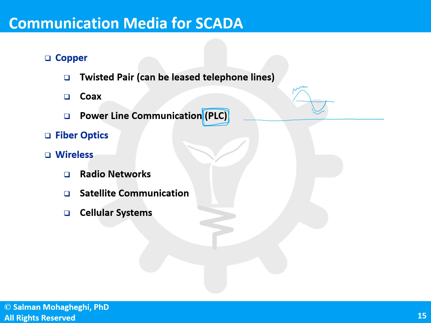PLC is attractive because the utility already owns the conductors, doesn't have to pay for additional equipment, doesn't have to pay for additional right-of-way. So you can just use the conductors that it owns and send information through it. There are some challenges, of course, in terms of performance, in terms of the transformers acting as a filter and filtering out the high frequency component of the superimposed data, and we're going to talk about that later on when we discuss power line communication in more detail.